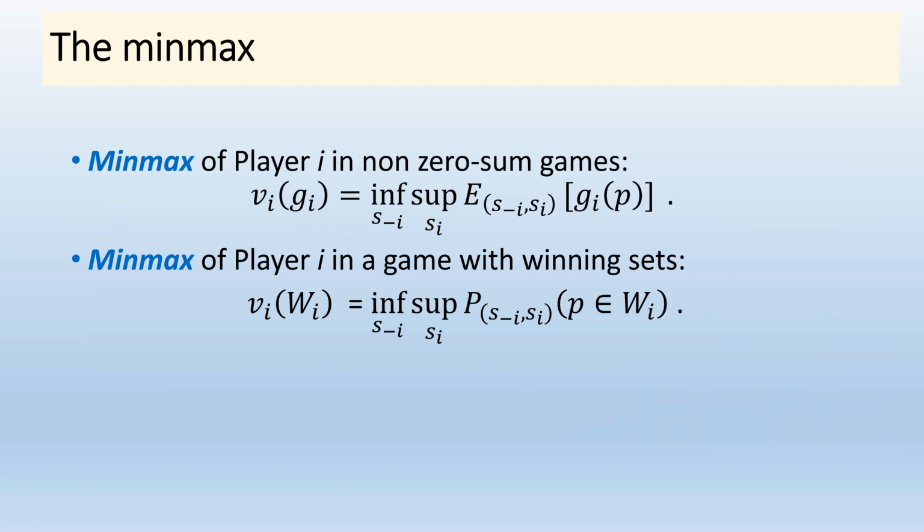Specifically, if the game is a game with winning sets, then we're discussing the min-max of the probability to get into the winning set. So generally speaking, it's the best that a player can defend to get given her payoff function, and specifically with winning sets, it's the best probability that she can get to get into the winning set. So the min-max is going to be the main tool that we use to prove the existence and to prove the Folk theorem.